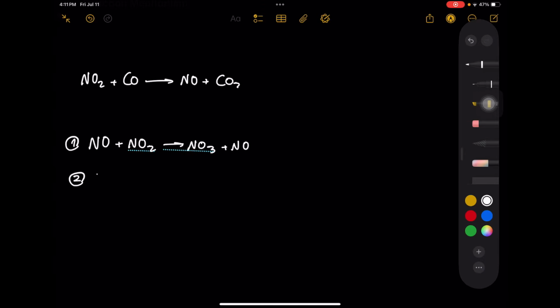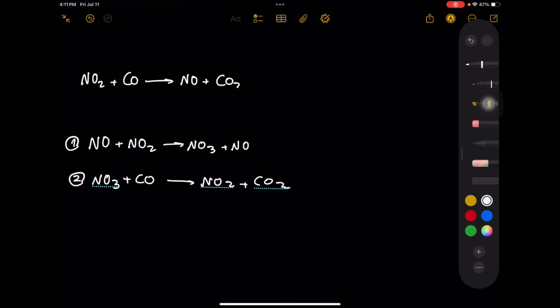The second step is NO3 plus CO produces NO2 plus CO2. And again, there is another statement about the reaction mechanism: the process by which a reaction occurs is called the reaction mechanism. It's a simpler way to call it.